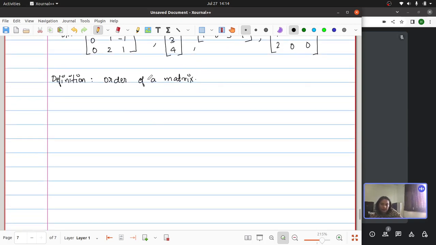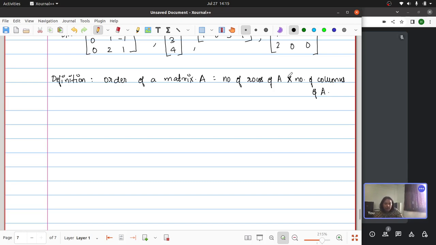So the order of a matrix A is, we first write the number of rows, then the number of columns.